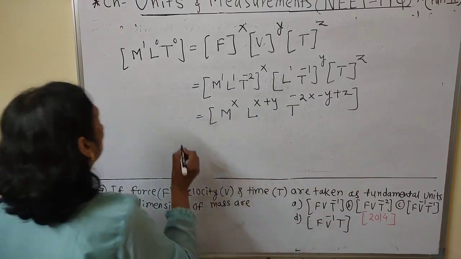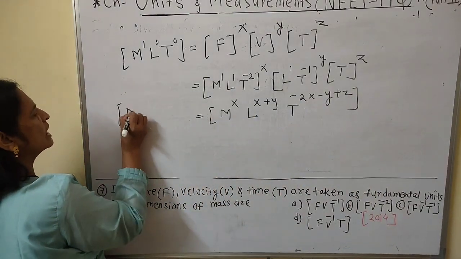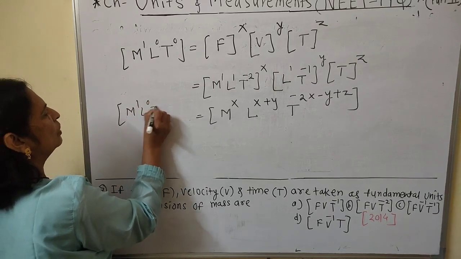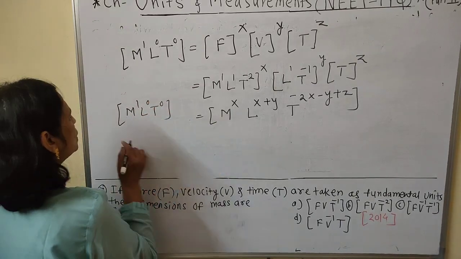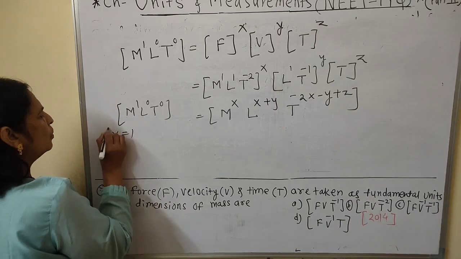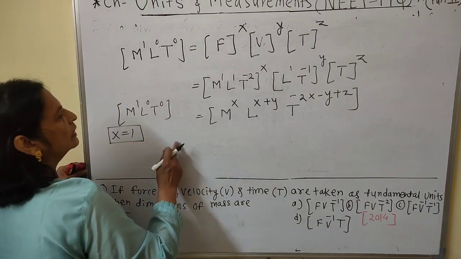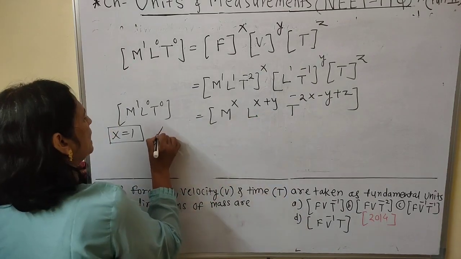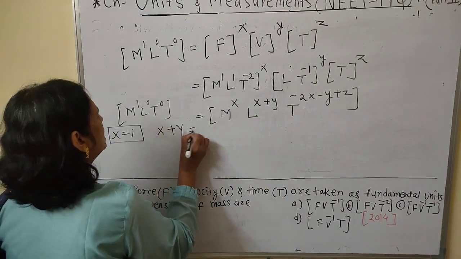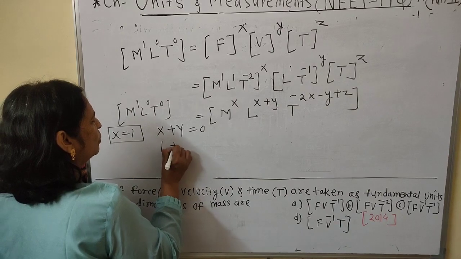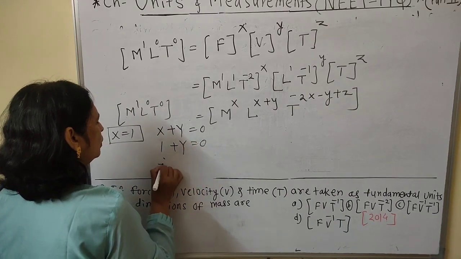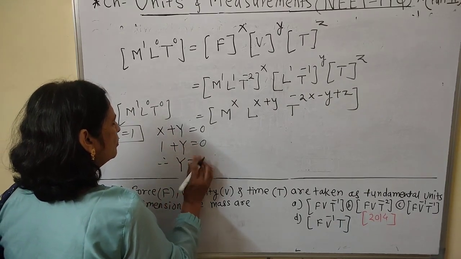Now comparing on both sides, M raised to 1, L raised to 0, T raised to 0. Now comparing these, x is equal to 1. Then x plus y is equal to 0, 1 plus y is equal to 0. Therefore, y is equal to minus 1.